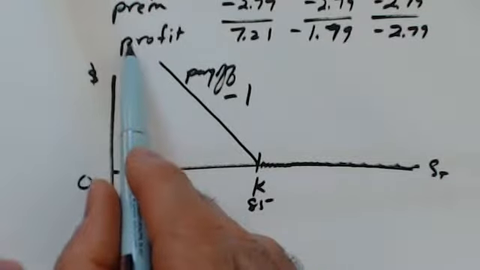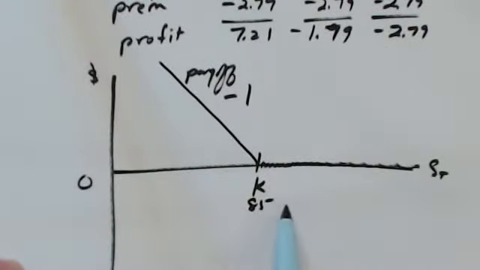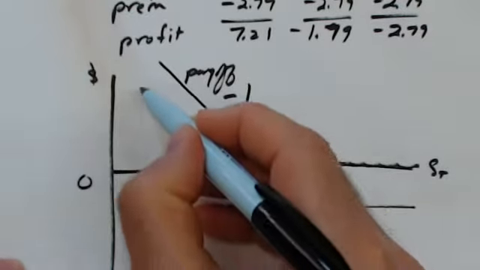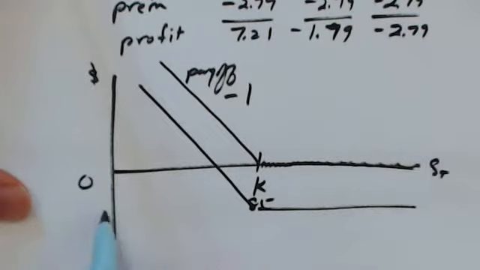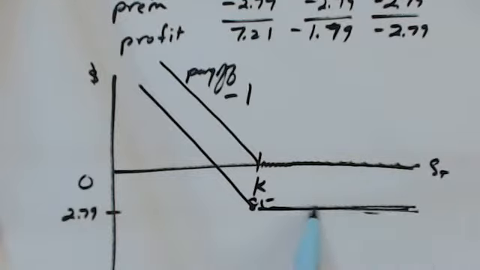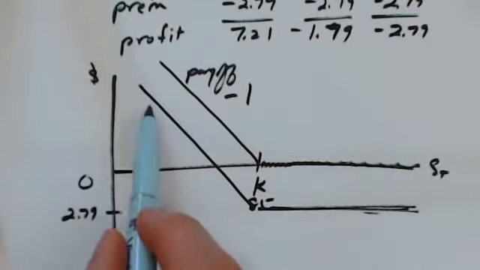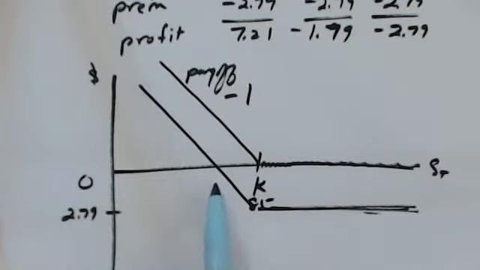Okay, now let's graph this row. That row will look identical to the payoff, except there's this fixed difference of $2.79. And so here you can see you lose your money when the stock is above the strike, and you begin to make money when the stock falls below the strike.